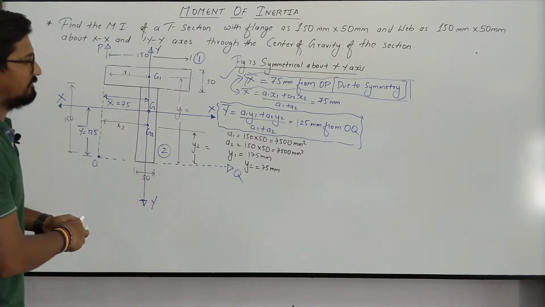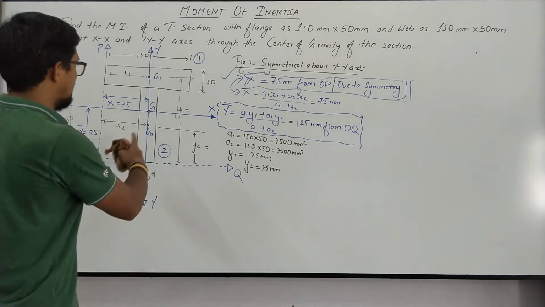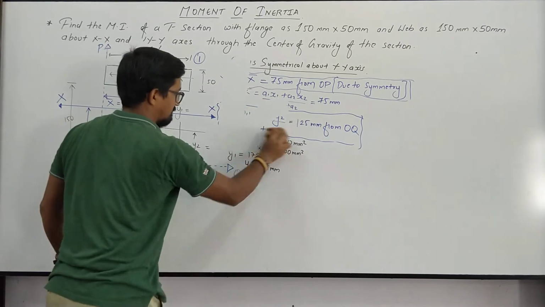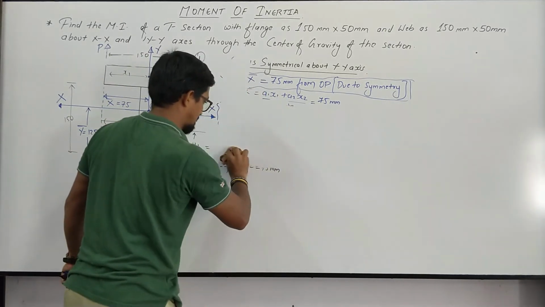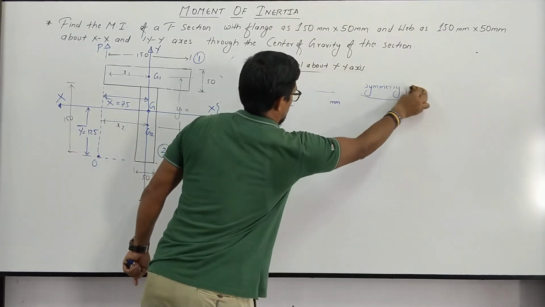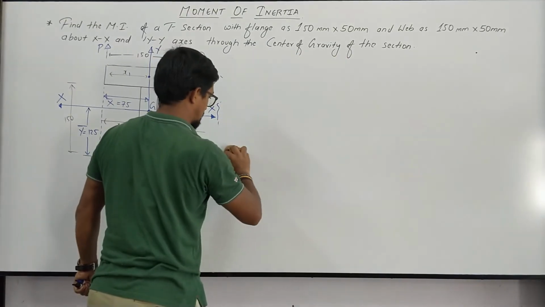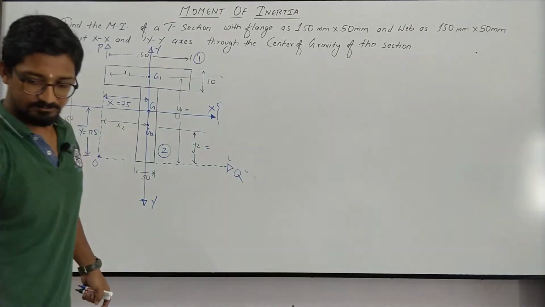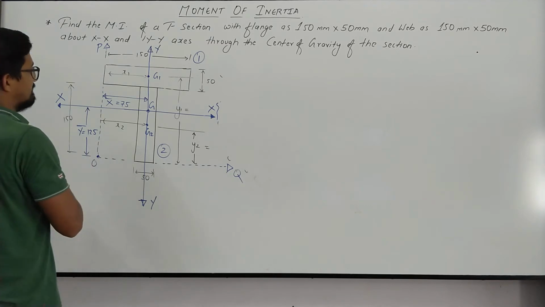So this is how you have to do it, correct. I will rub this. x bar and y bar position we got. Now we have to find the moment of inertia, correct.